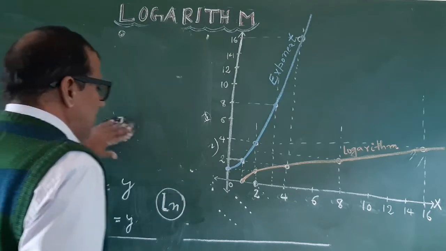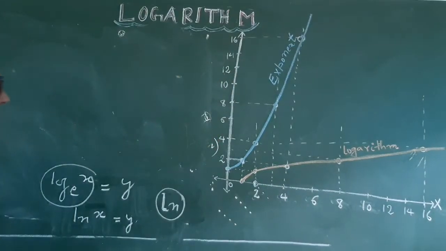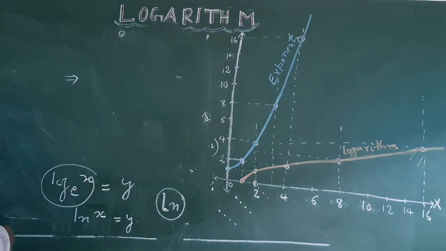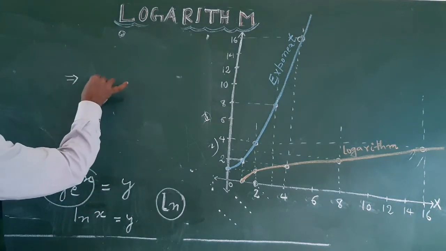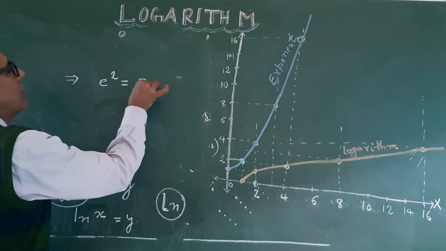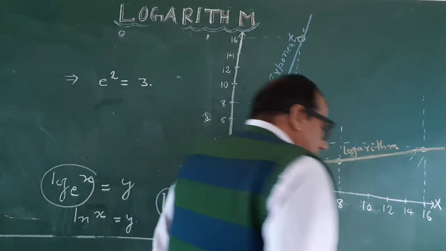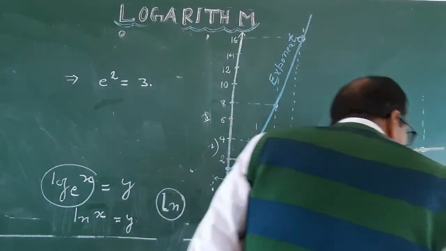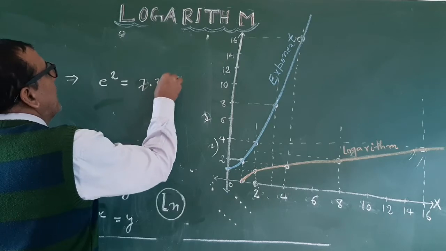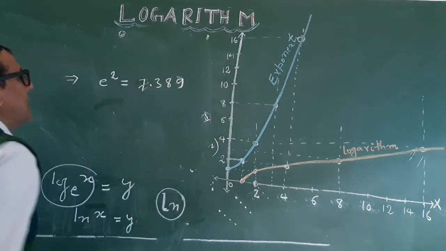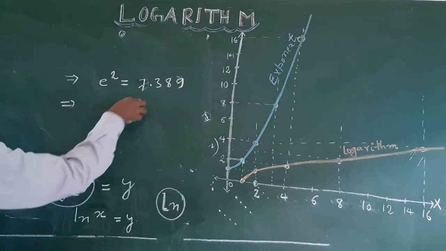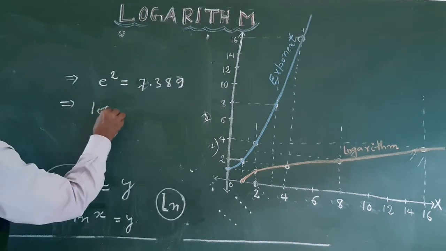You take examples like here, that is e squared equals to 7.389. So in the form of log, what do we write?